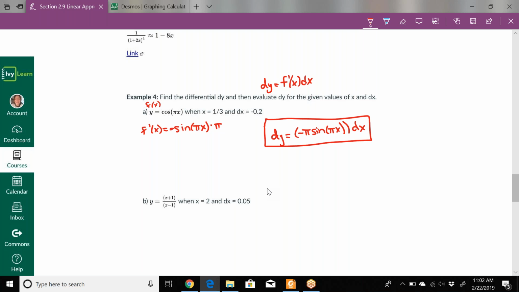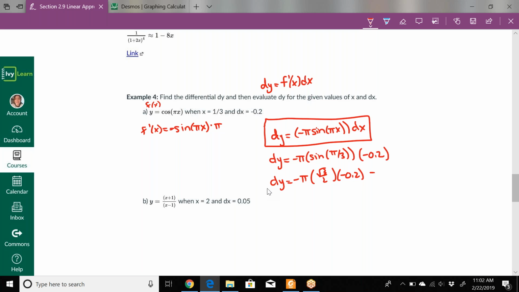The next thing is we want to plug in 1/3 for x, and we want to have a change in x of negative 0.2. So if we plug in those pieces of information, that makes that pi over 3, and this becomes negative 0.2. We know that sine of pi over 3 is square root of 3 over 2. So I have negative pi times the square root of 3 over 2 times negative 0.2.